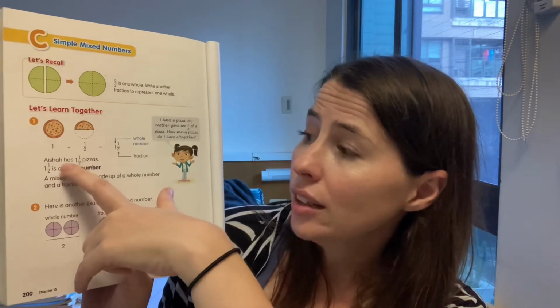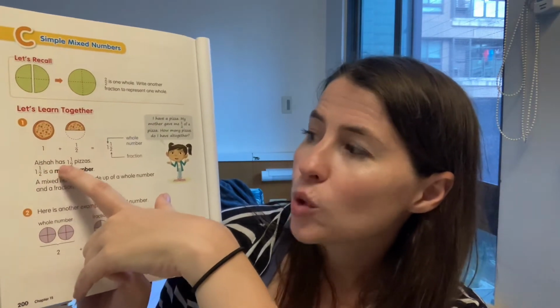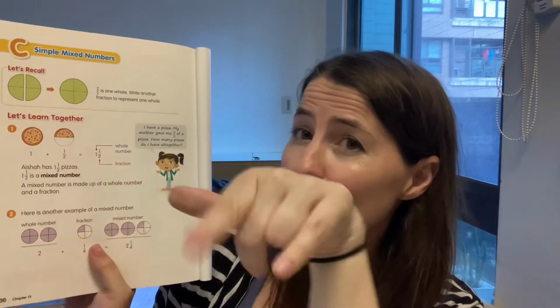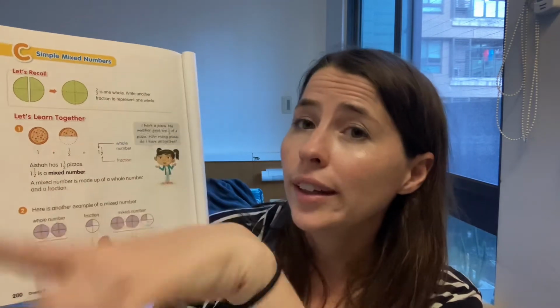So Aisha has 1 and a half pizzas. One more time, everybody say 1 and a half. 1 and a half, a half is the same as 1/2. A means 1, okay? So it is okay to say a for 1 when you're talking about fractions. A 1/4, a 1/2, a 1/3, a 1/10, okay?